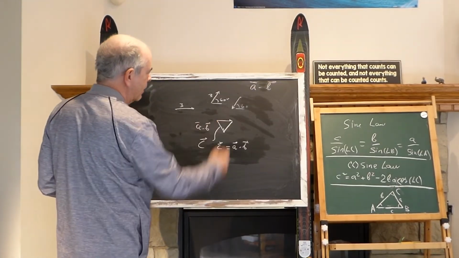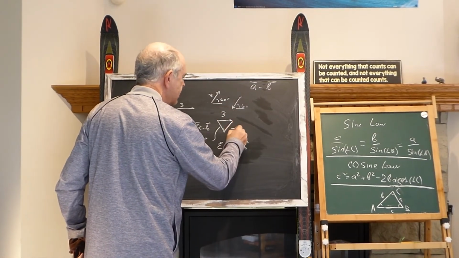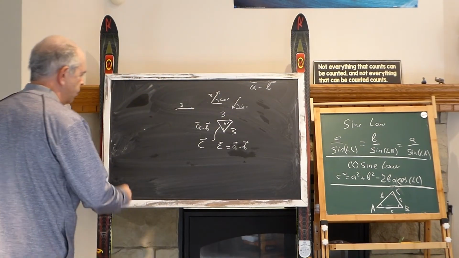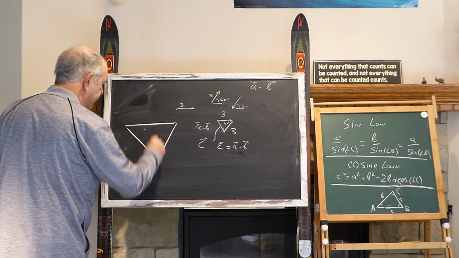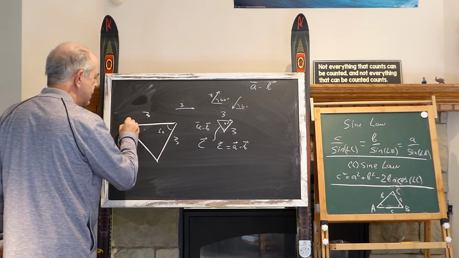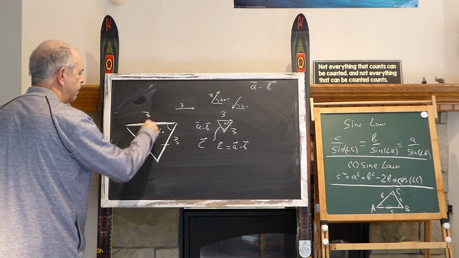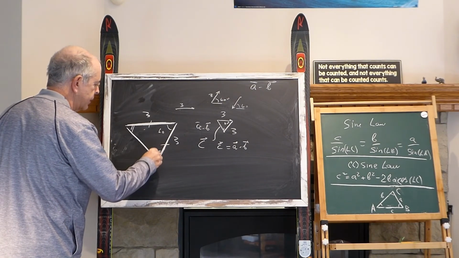But this triangle is extremely simple if you look at this. This is 3, and this is 3, and this is 60 degrees. So let me draw it big. 3, 3, 60. Because this and this are the same, we can tell that this angle is the same as this angle.